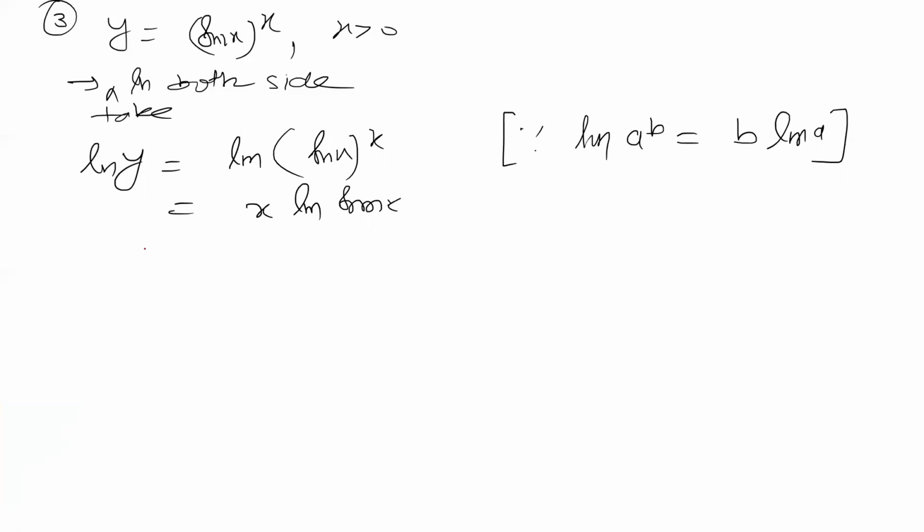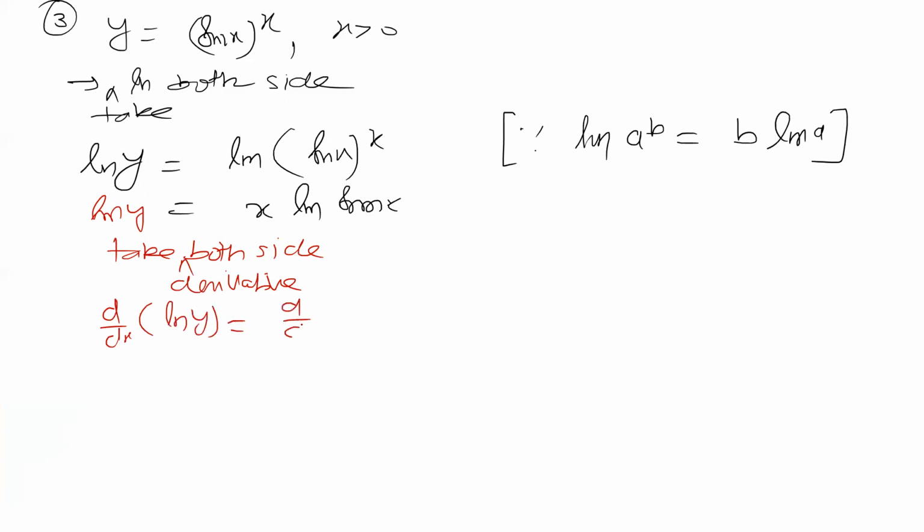Then take the derivative on both sides. ln y, we will get 1 by y, just applying the chain rule.